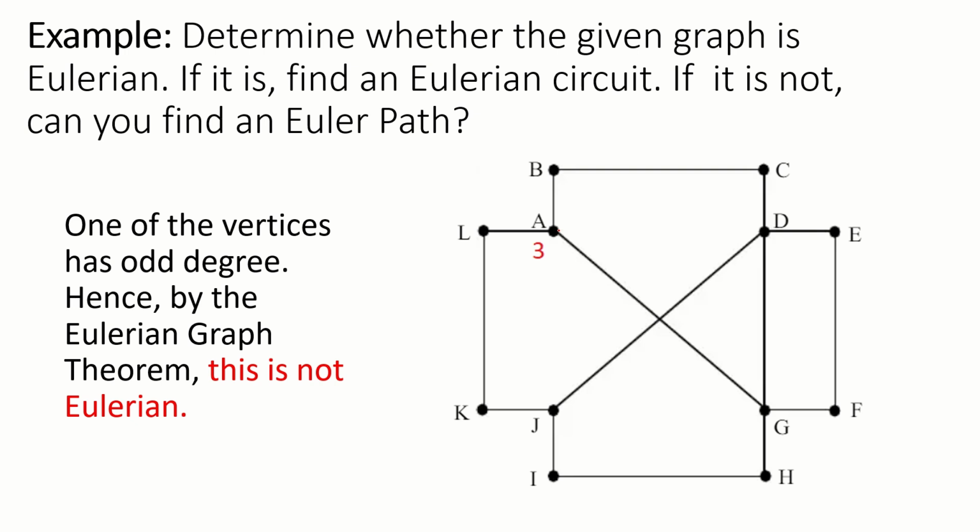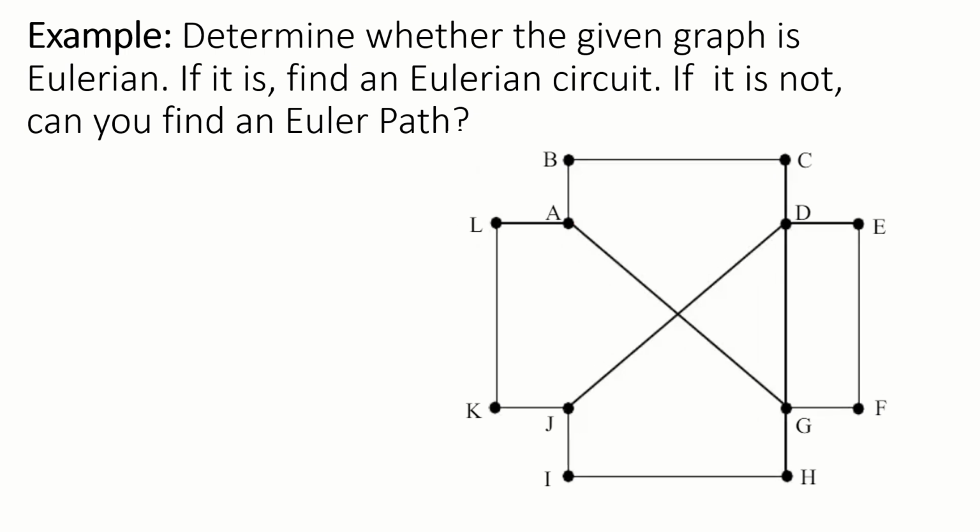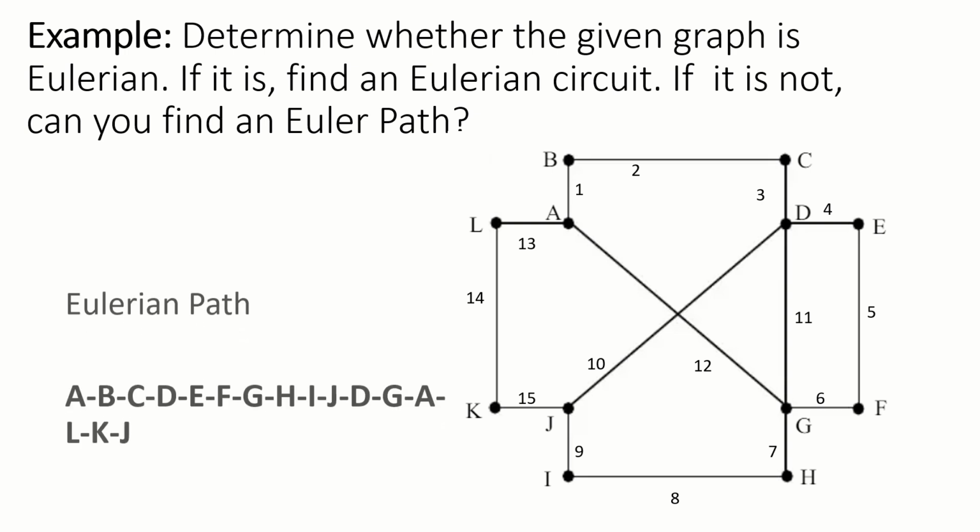Now let's go to the last one. It is not Eulerian, so there's no Eulerian circuit. Can you find an Euler path? So let's try. I'll start with A, then to B, then to C, to D, to E, to F, to G, to H, I, J, and then back to D, then down to G, go to A, L, K, J. Okay, so this is now our path.